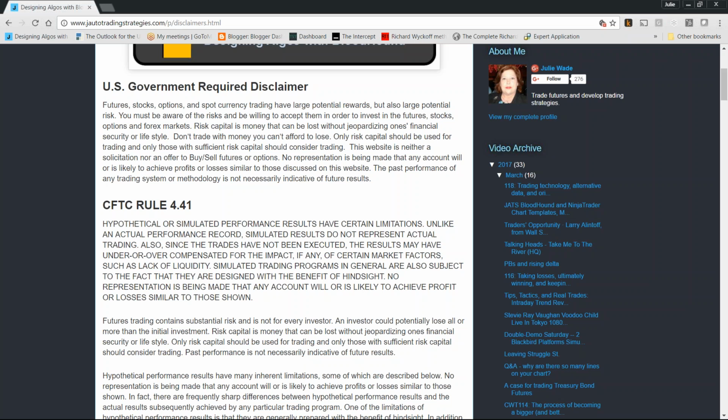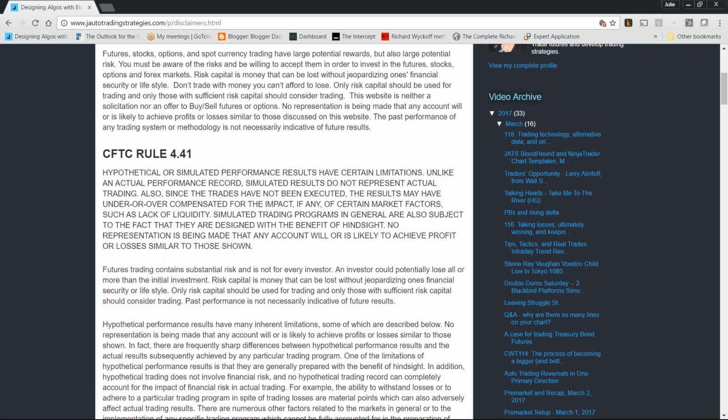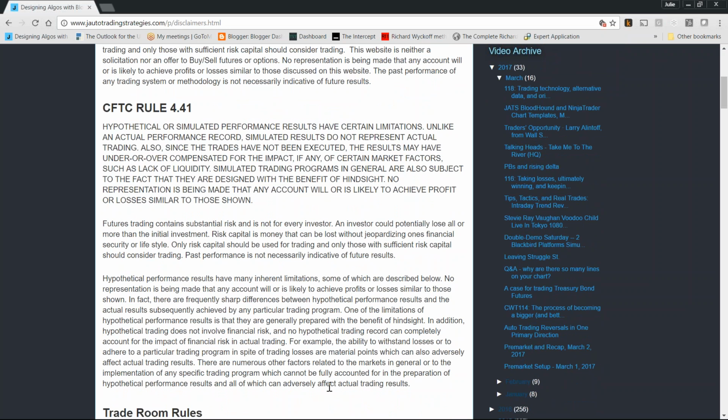Bill Ackman. Don't do that. Good practice, don't do that. CFTC rule 4.41 says that showing charts in the past does not make any foresight that that's going to reoccur in the future. We have no idea what the market's going to do in 1 minute from now.